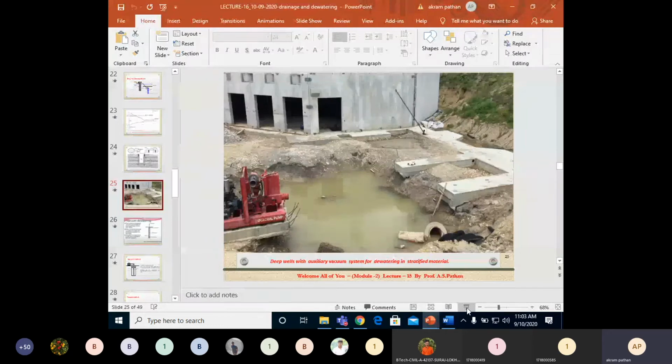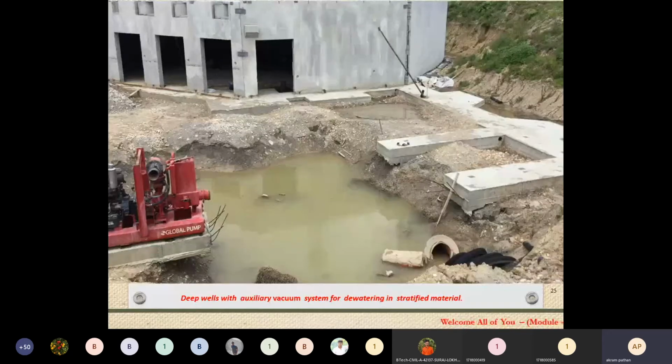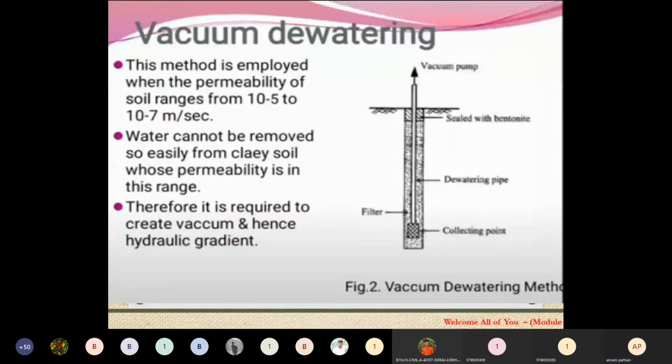Now we will move to another process of dewatering. The next process is vacuum dewatering. This is also a very important method.